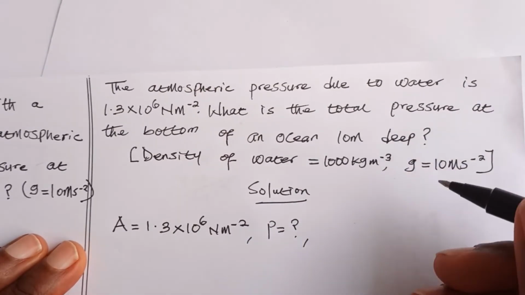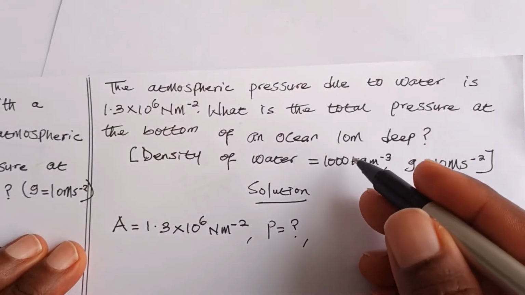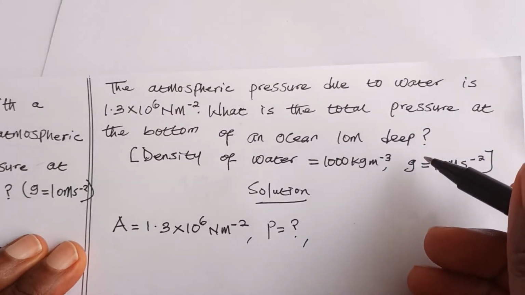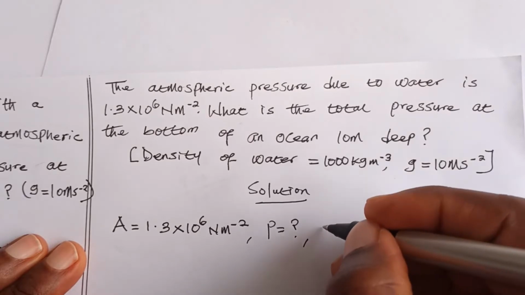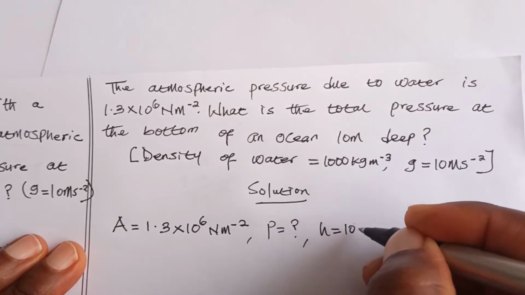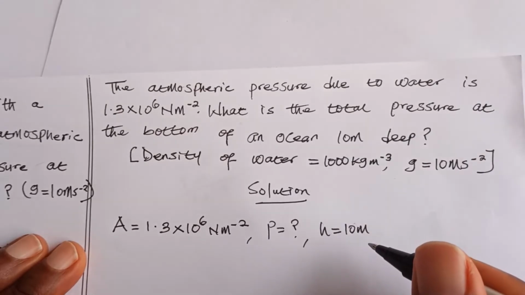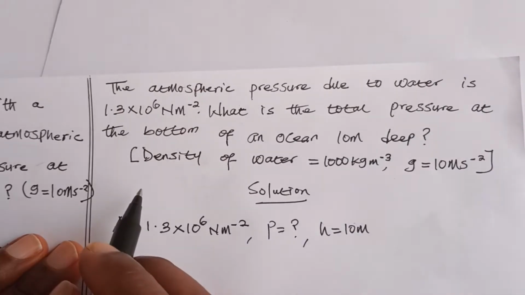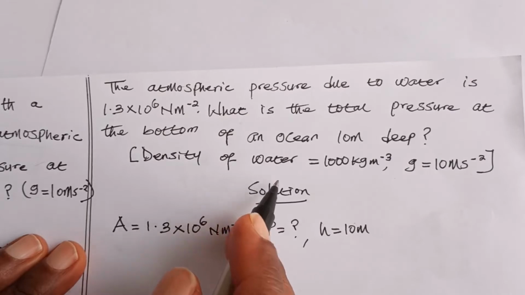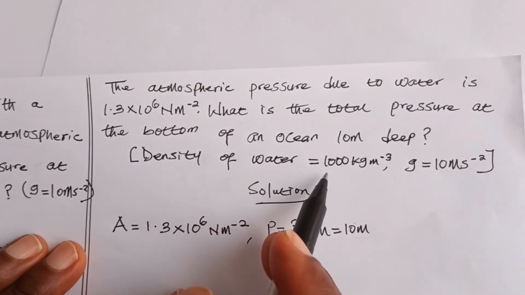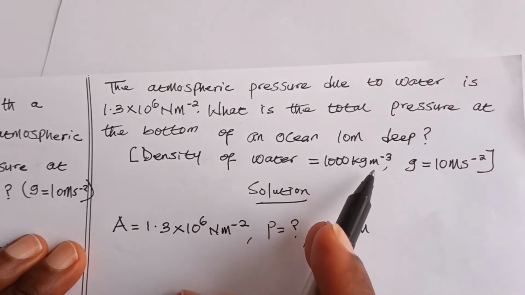And we're given the height, or how deep the ocean is, 10 meters. So that is the depth. So the depth of the ocean is 10 meters. And don't forget that we have the density of water, which is a constant. The density of water is 1,000 kilogram per meter cube.